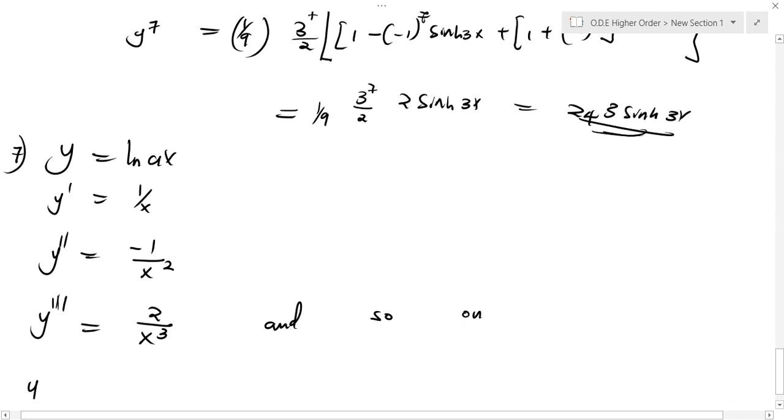So in general, yn will be equal to minus 1 raised to the power n minus 1 into n minus 1 factorial over x^n.